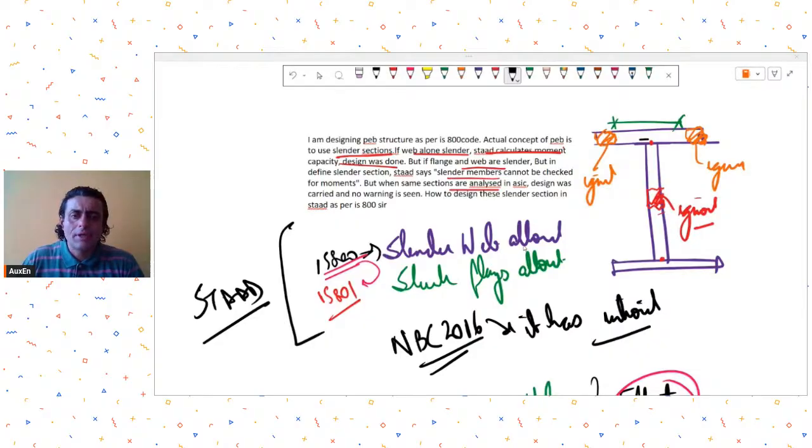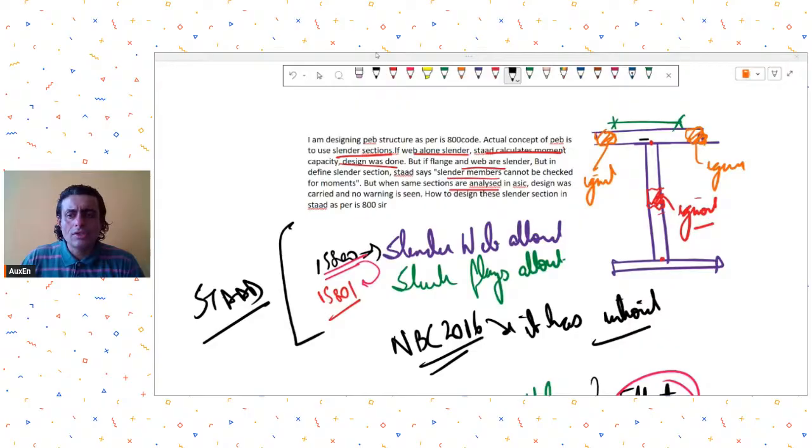For example, IS 800 was last revised in 2007, but there have been certain revisions issued in NBC. It is assumed that structural engineers follow the NBC provisions, but nobody does so. STAAD also does not do so. So we are in a fix as of now about what to do.